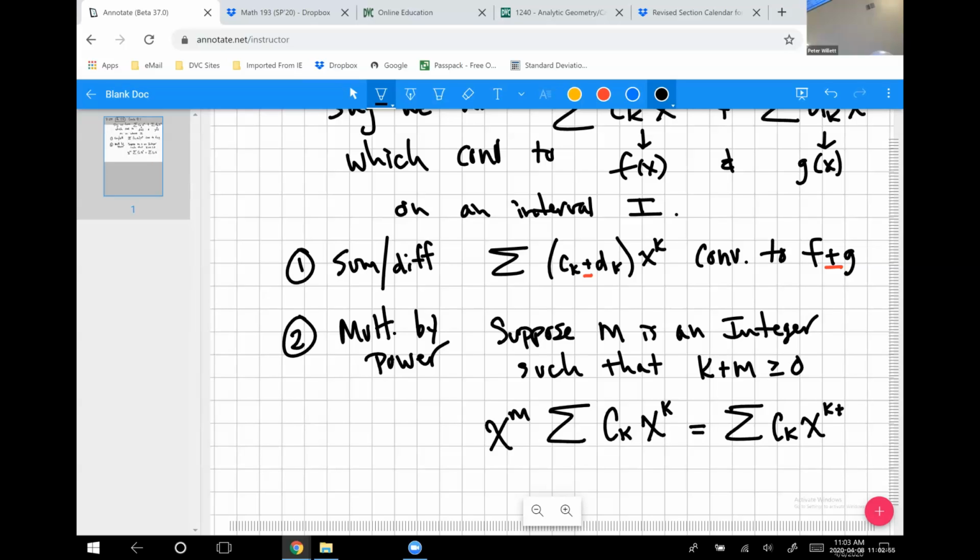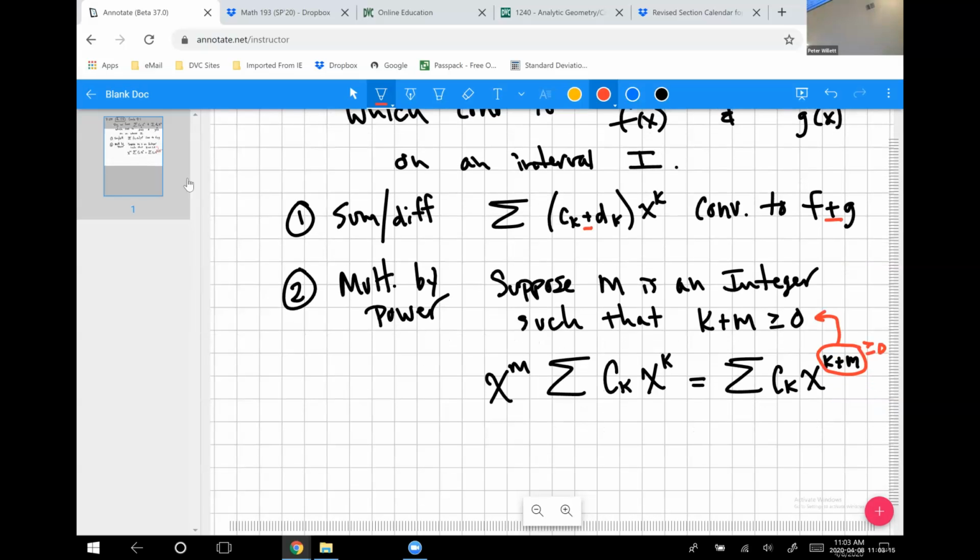You would add the powers because you have the common base for those exponents. The basic idea is that this power is always greater than or equal to 0, so you end up with a power series where the powers don't go below 0. You don't have any negative powers there. So that's the setup, that you have something of that format.